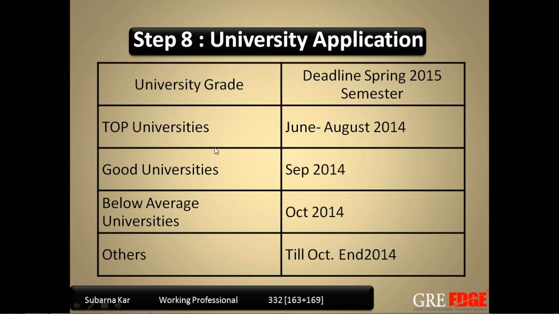That semester will be starting in January 2015. So you should keep in your calendar that the deadlines for the top universities would start in June and run by August. So you'll have to research and keep looking with that.